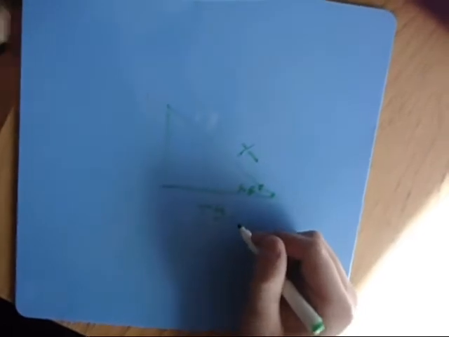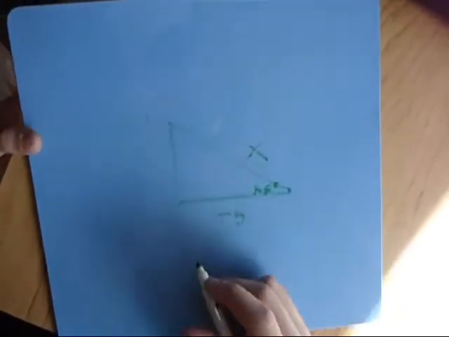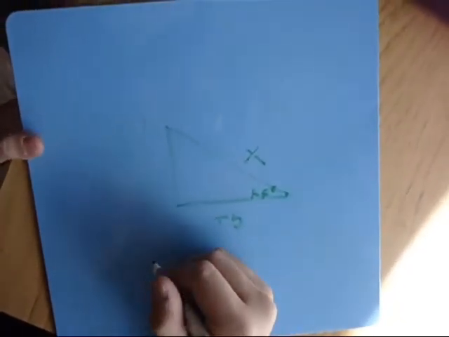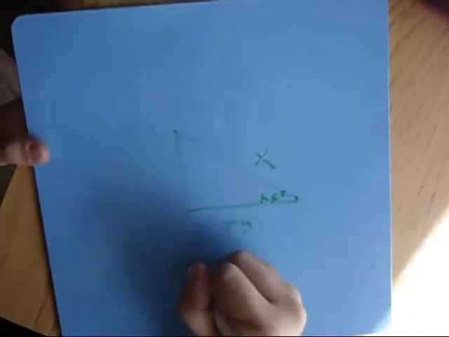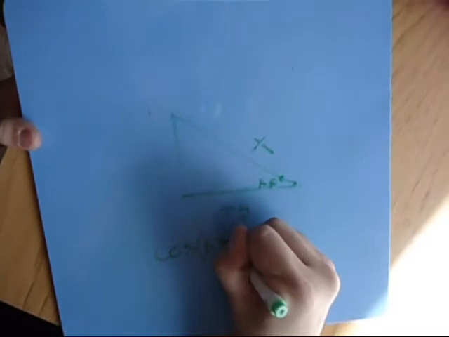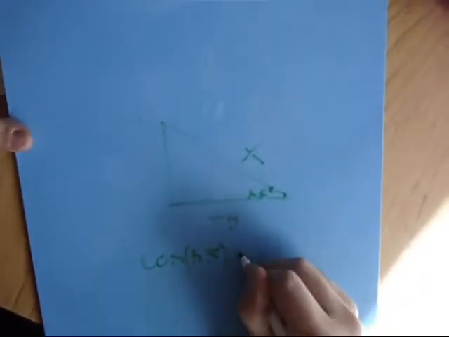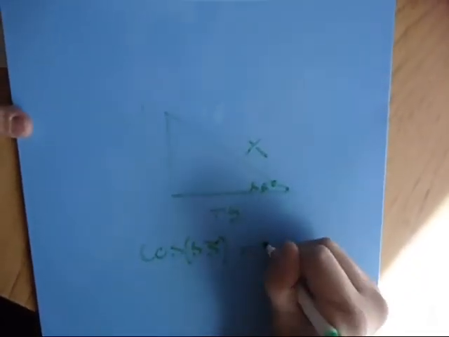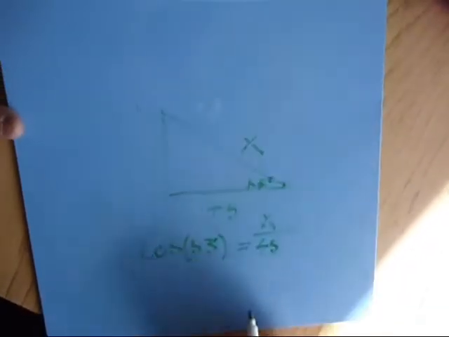In order to solve this, we're going to need to use cosine. So let's set up the equation like this. Cosine 53 degrees equals x over 45.